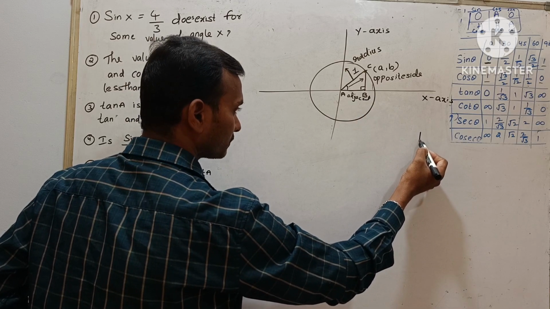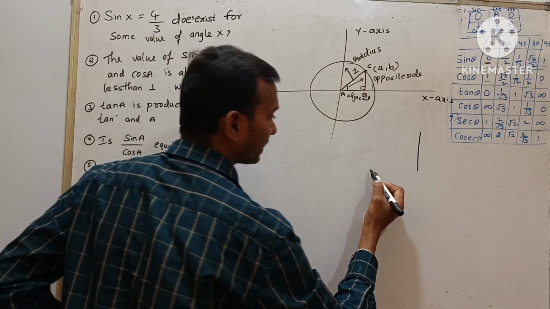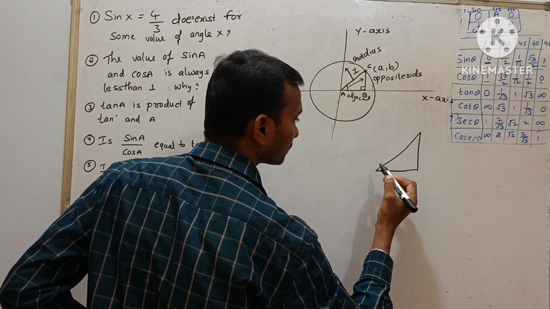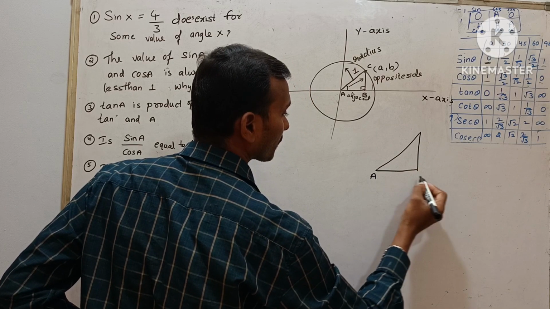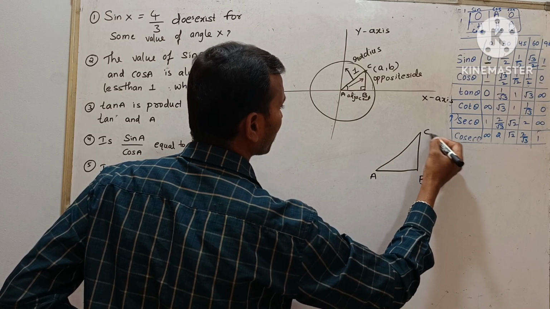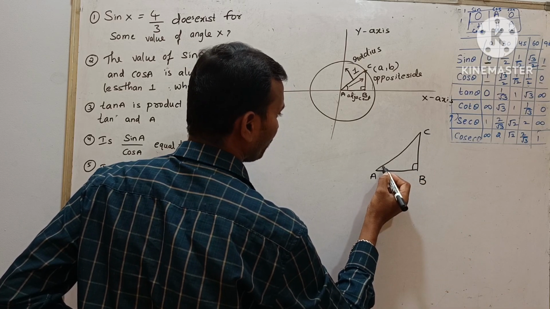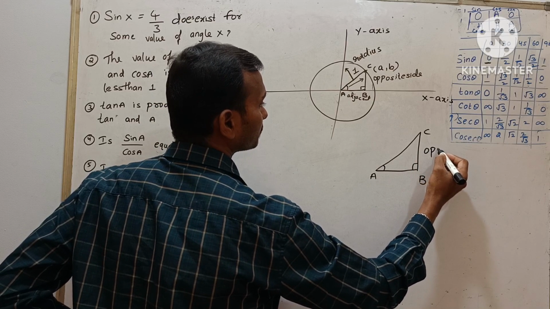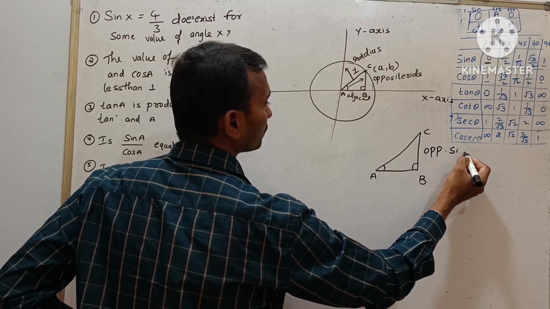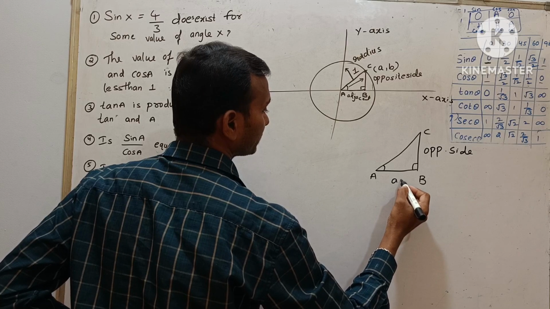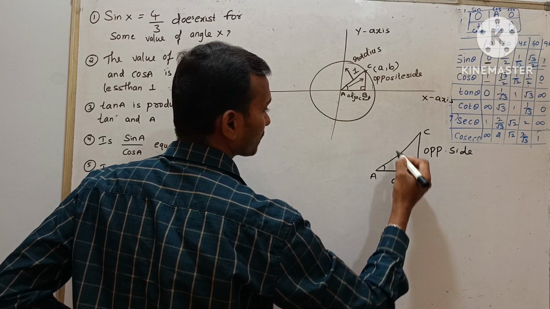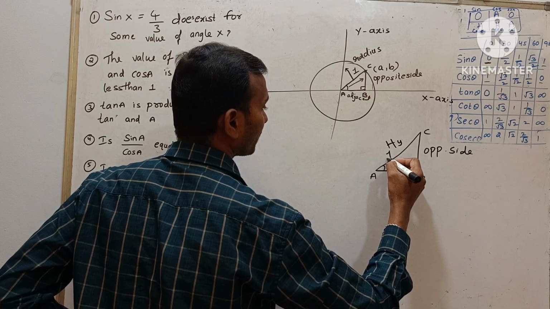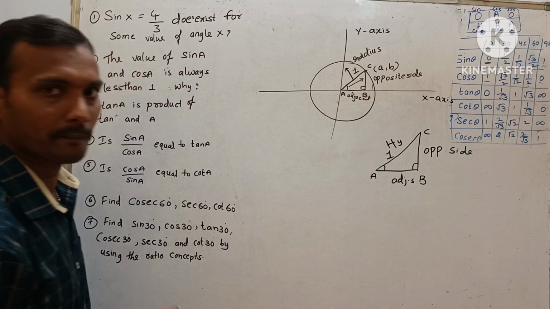I will draw the same triangle here for our better understanding. ABC is right angled at B. If you take angle A, this is our opposite side, this is our adjacent side, and this is our hypotenuse, which is nothing but 1 centimeter, the radius of the circle.